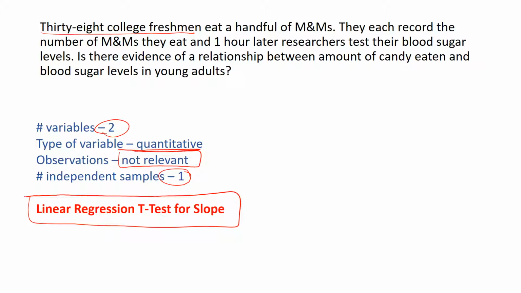So both variables could be the difference of 2 related numbers, only 1 variable, or neither variable. It doesn't really matter. Whenever we have 2 quantitative variables, we will use linear regression t-test for slope.